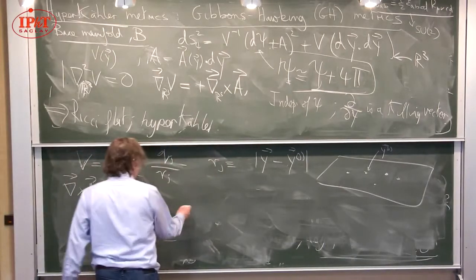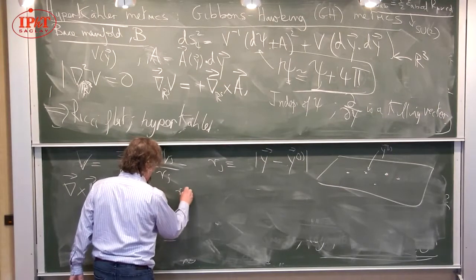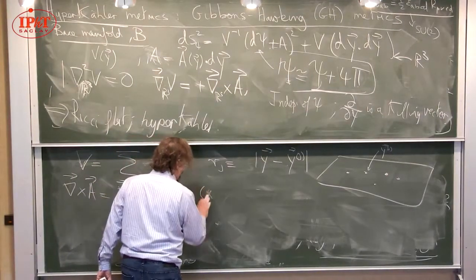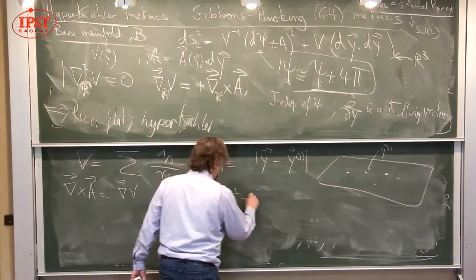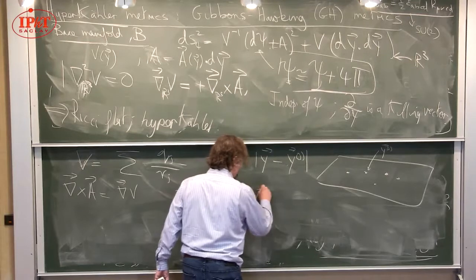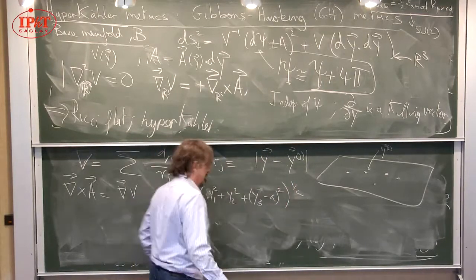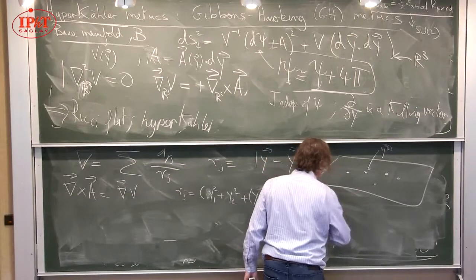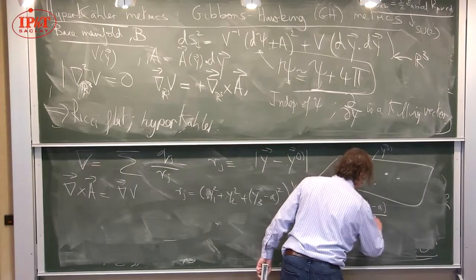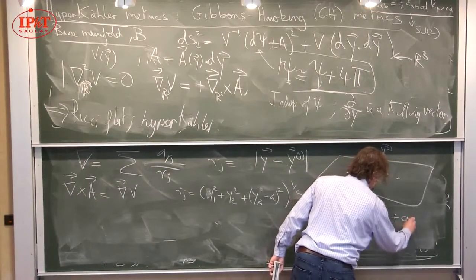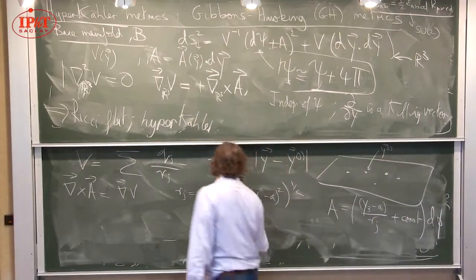If you put the Gibbons-Hawking point on the z-axis, suppose R_j is equal to (y1 squared plus y2 squared plus (y3 minus a) squared) to the half, then it's elementary to check that A for that is (y3 minus a over R_j plus a constant) times d phi, where phi is the azimuthal angle around the axis.